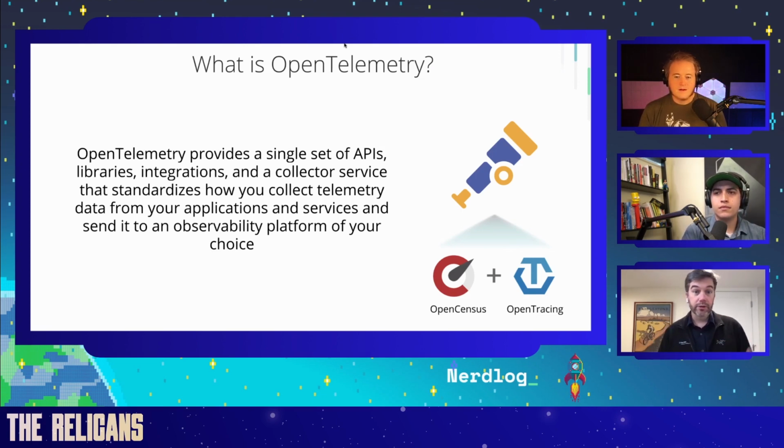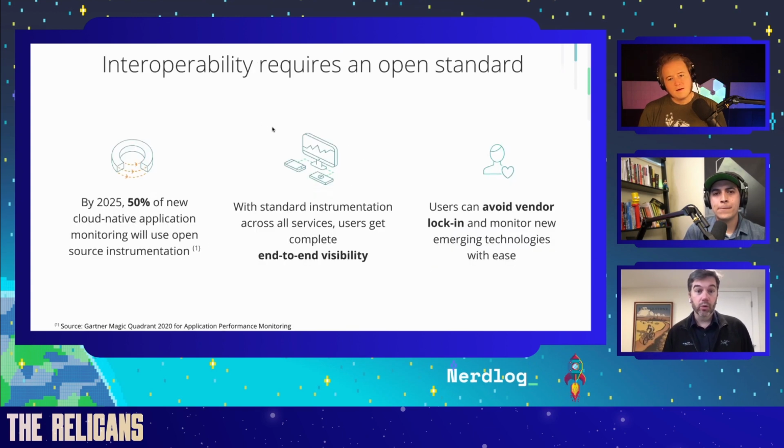And I just wanted to touch on, why is that important for people? Well, people more and more are building cloud native applications. They tend to use open source tooling for those services. So using open source tooling and open standards makes a lot of sense. It allows you much better integration with the tooling that you're already using.